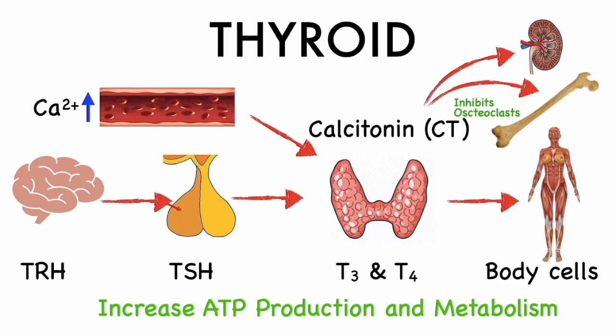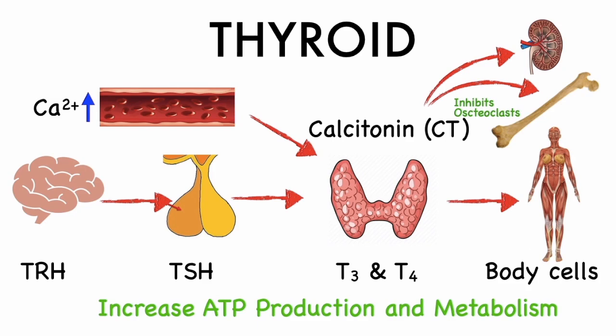If you remember, osteoclasts break up bony matrix to release calcium into the blood. That way all of our cells can use calcium. That way our muscles can undergo muscle contraction.